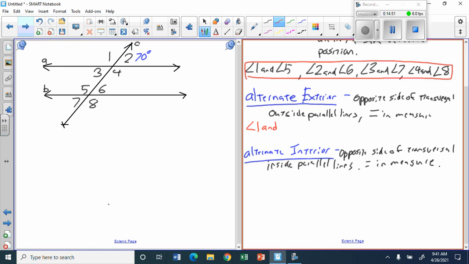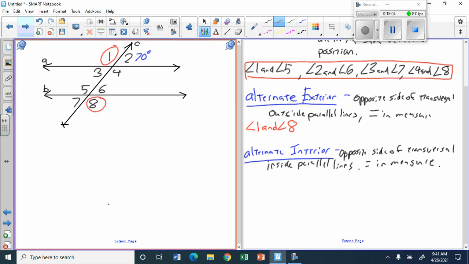Angle 1 and angle 8. Don't circle them, but you can see this one and this one. It's opposite of the transversal, same measure. It's on the exterior outside. So the other alternate exterior would be what? 2 and 7.